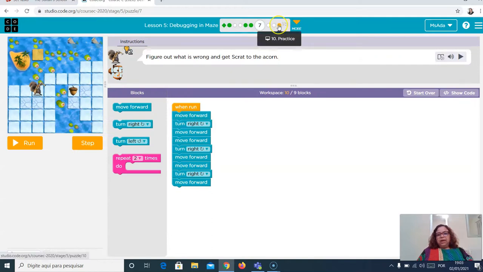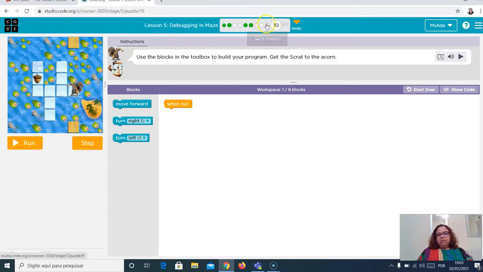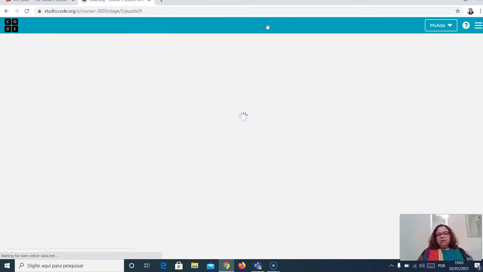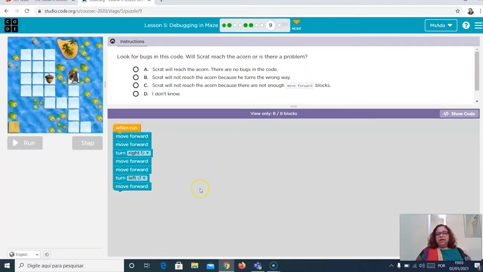Now, when we get to level 10 or level 9, yes, in level 9, they have like a little test to see what is the correct answer, to see if you know how to read the program, how to read this algorithm.